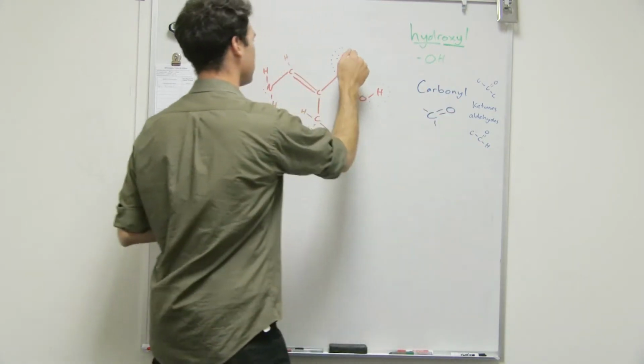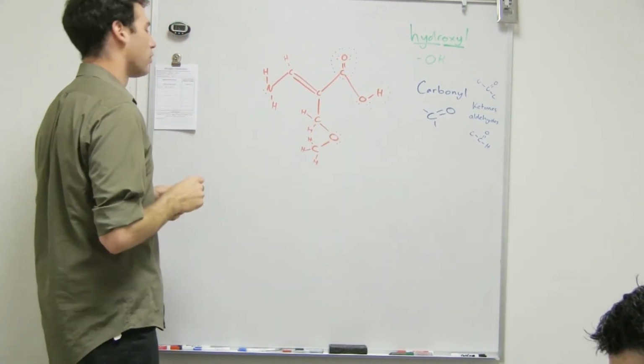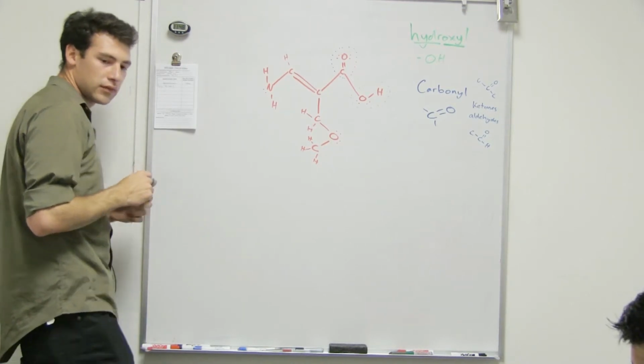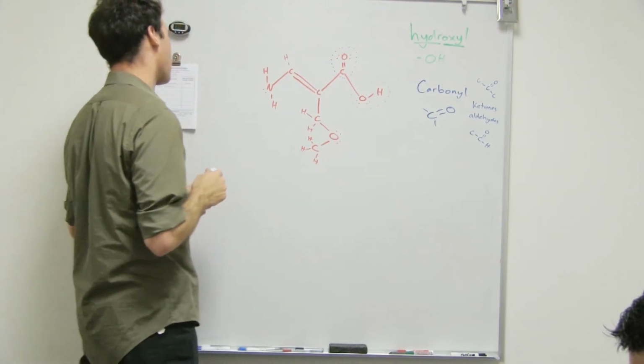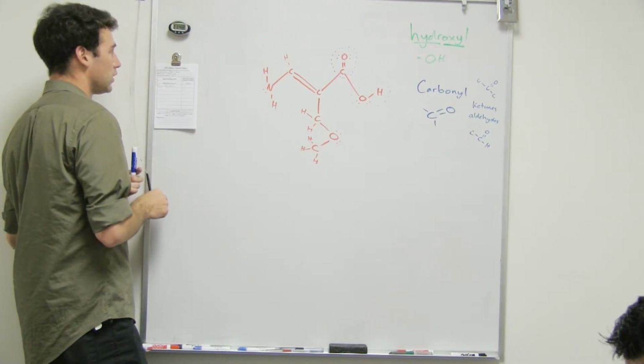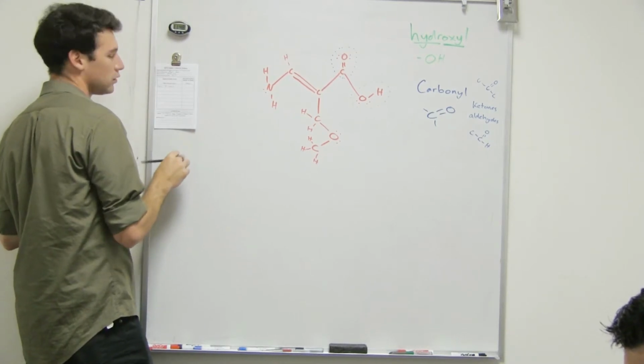Right now we're just looking for a C=O, so we would select that O and that C for this guy. So just this one right here? Mm-hmm. The O and the C make up the carbonyl. And then carboxyl.